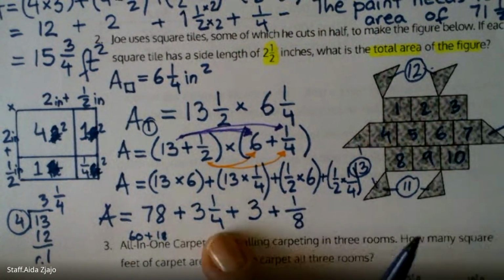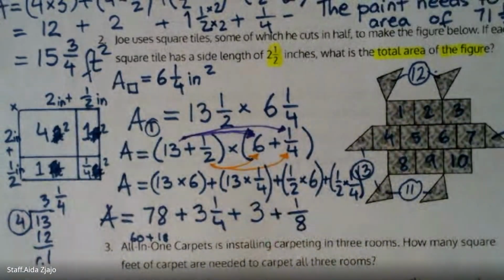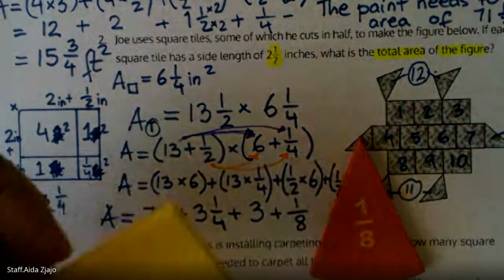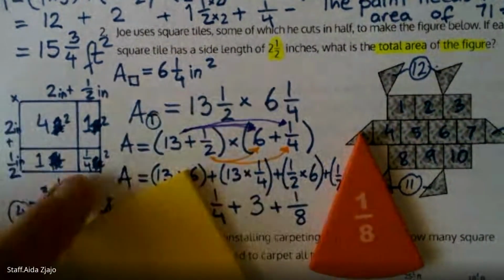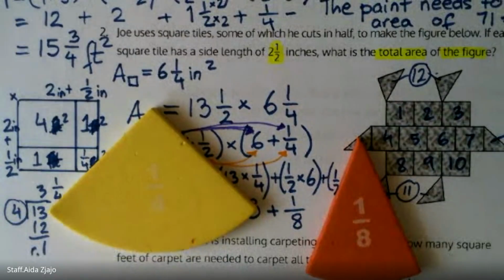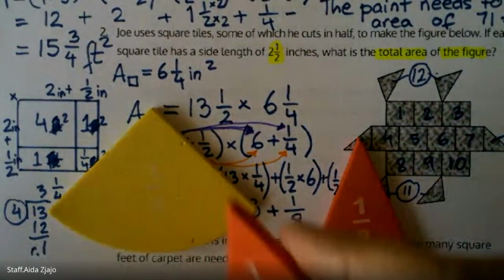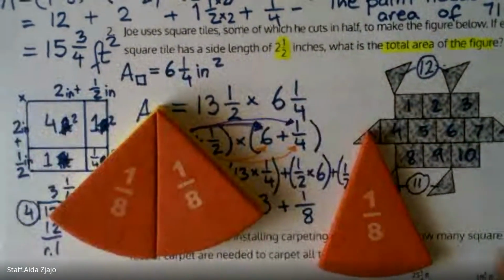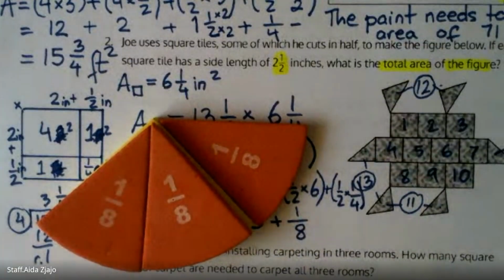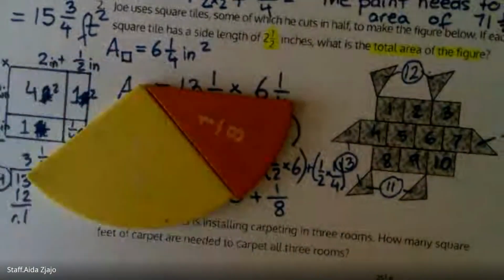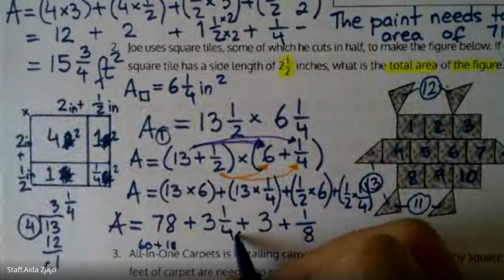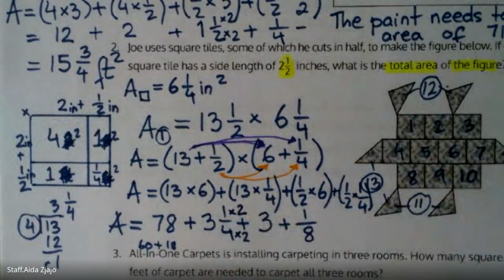So now these are 4ths and these are 8ths. 8ths are this size and 4ths are this size. So I have to change the 4ths into 8ths. I can multiply by 2, so 1/4 can be made into 2/8.